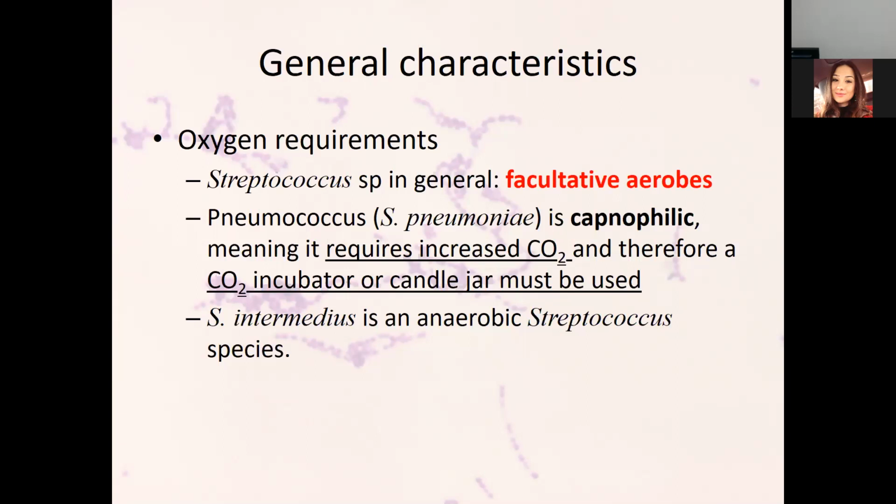They can grow in the presence of oxygen, but they prefer to be in a different atmosphere. That's what I mean by sometimes. Well, they can always grow in oxygen. They're not going to not grow if they're in oxygen. They'll grow much better if you take that oxygen out of there and put CO2 up. That's what it means.